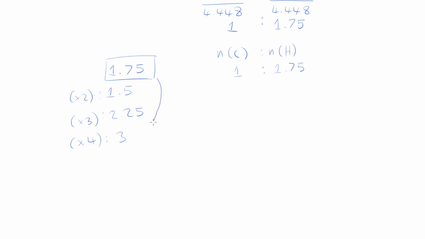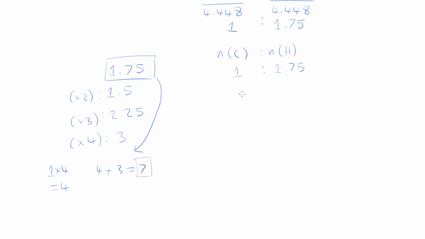But if we take 1.75 and integrate that into what we're meant to get here, what we need to do is take the 1 and multiply it by 4. So 1 times 4, obviously that's 4. We just add that to what that was. So that's the 4, add it with the 3, and we get 7. Therefore, this is a whole number that we get, 7.